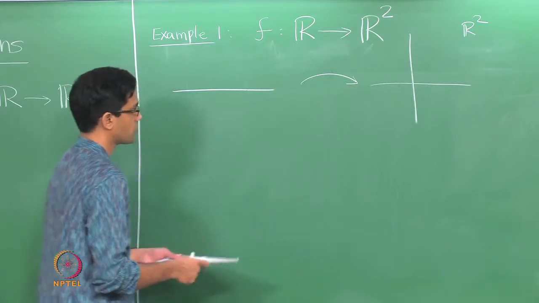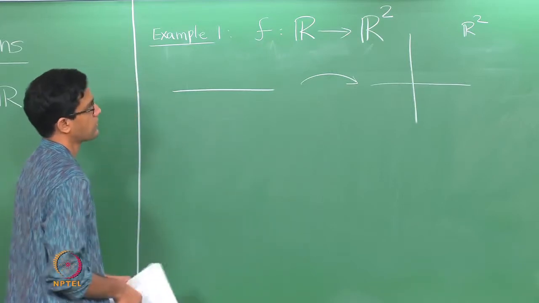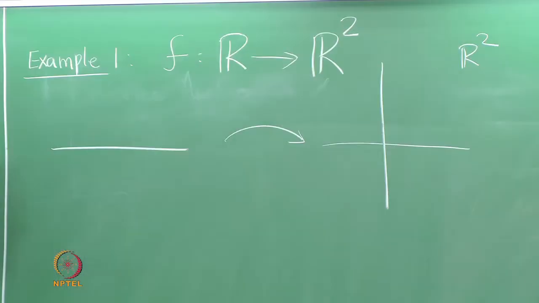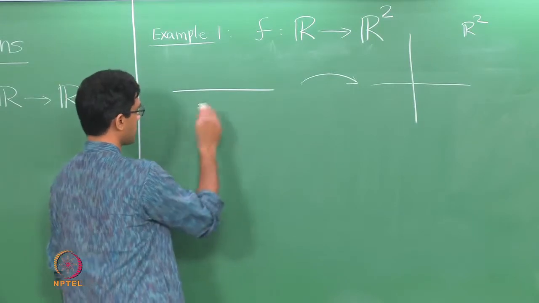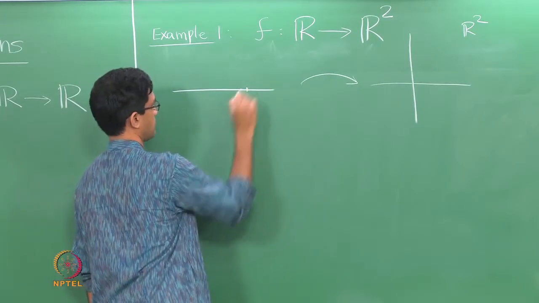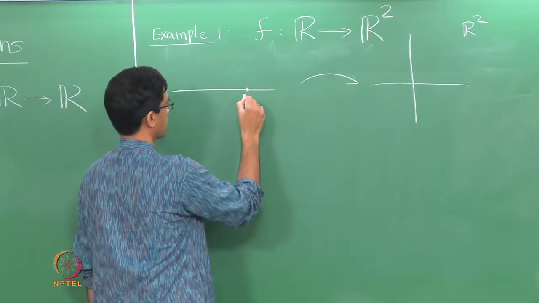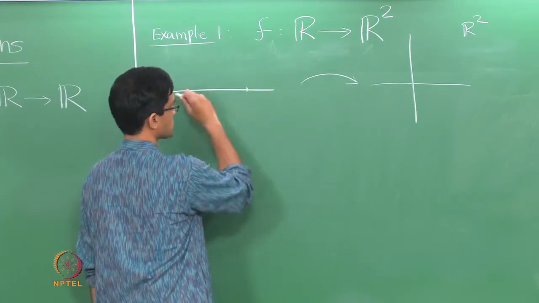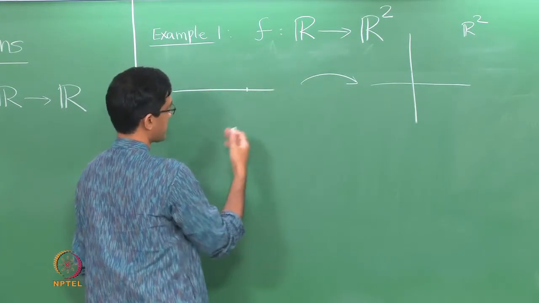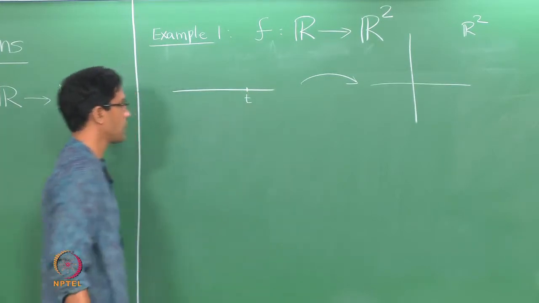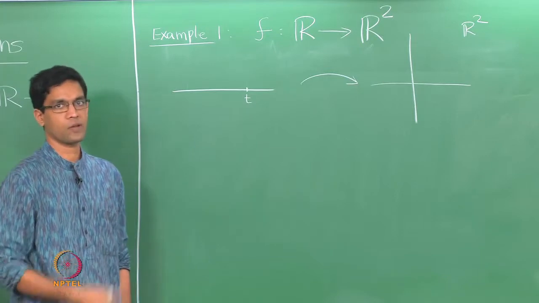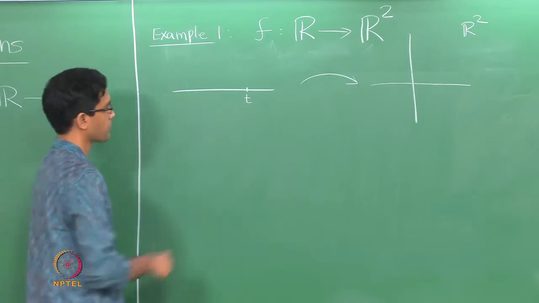So the obvious thing to do is to try copying what we did for graphs, which is to trace out all the points that you get. But it is slightly different. Think of this domain as being like time. So instead of calling it x as is conventional, let us call it t to remind ourselves that it is like time.